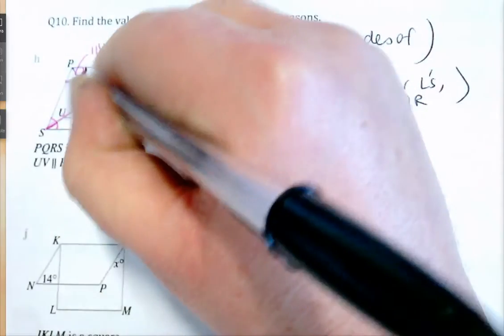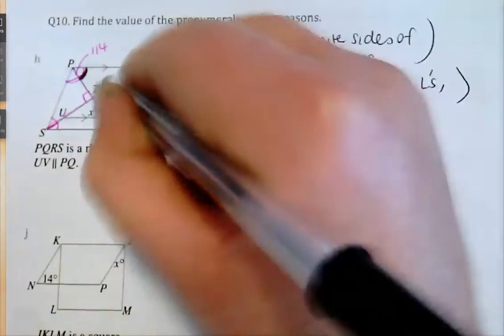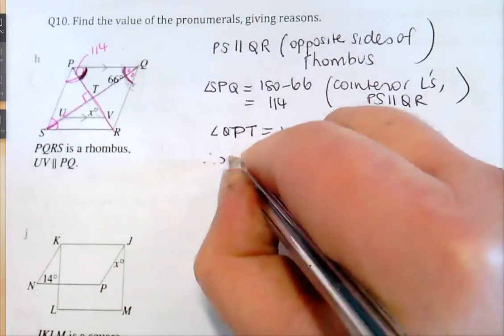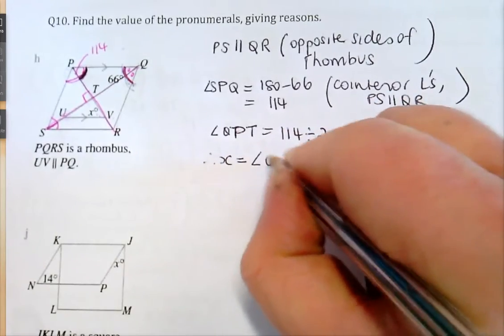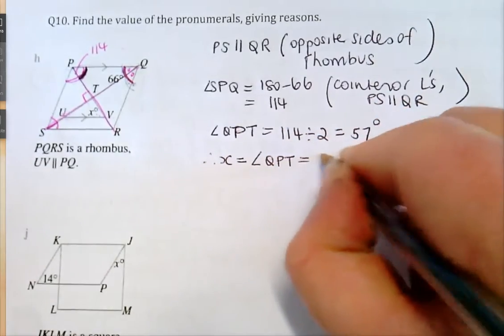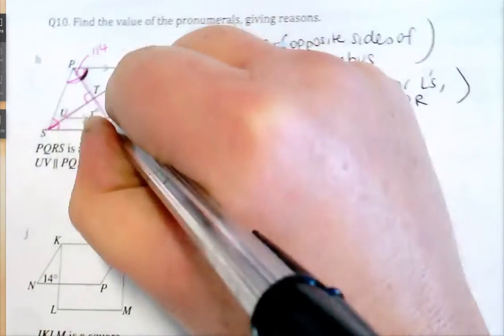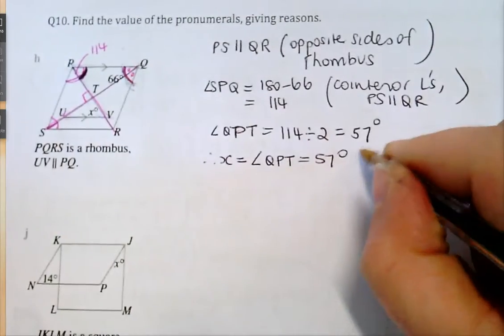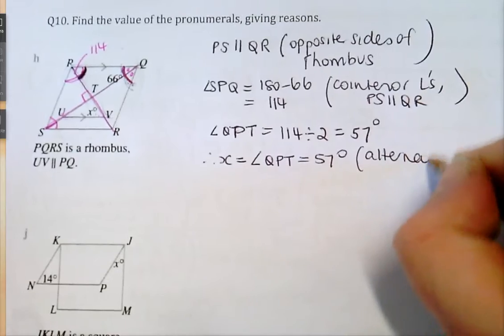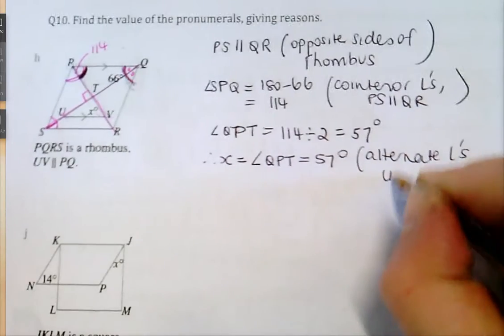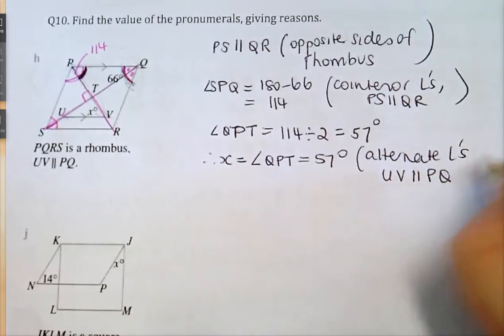So that angle marked there is 57 degrees. Therefore x is equal to angle QPT, which equals 57, because we've got alternate angles. Reason: they are alternate angles, and we're told that UV is parallel to PQ.